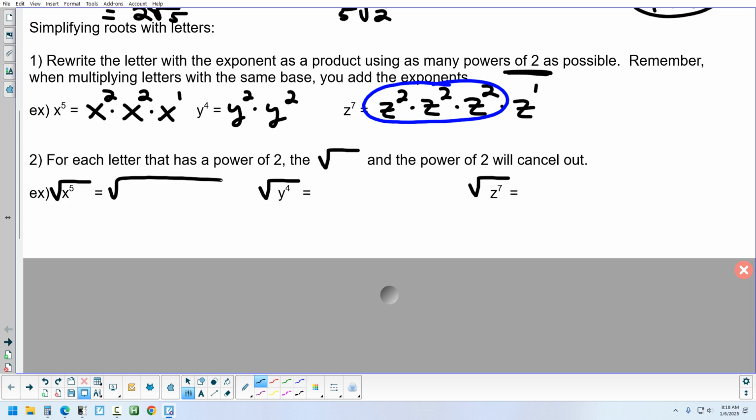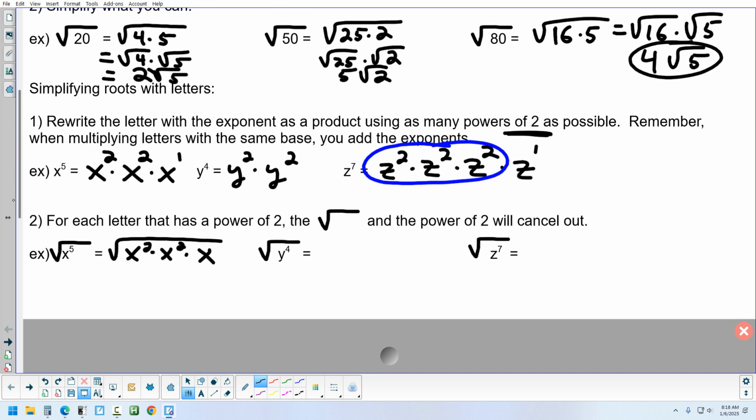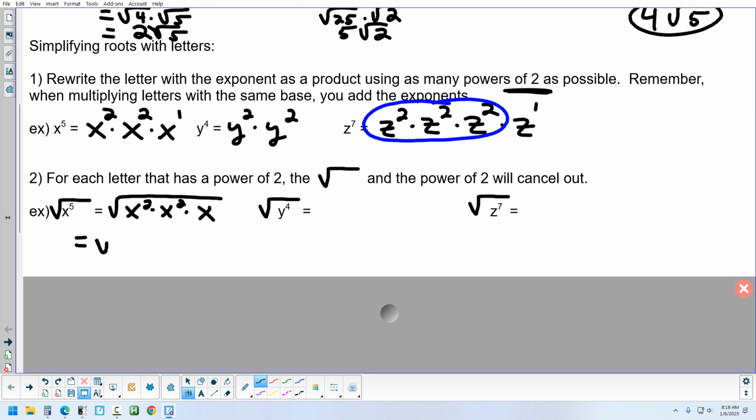Take the x to the 5th and break it up into as many powers of 2 as you can. Now take the square root of each one of those separately, just like we did up above. Square root of x to the 2nd, square root of x to the 2nd, and square root of x.